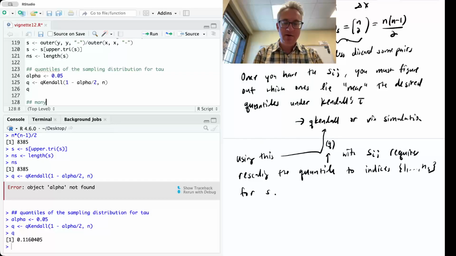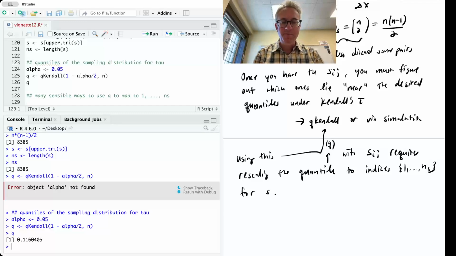There are so many sensible ways to use Q to map to 1 to ns. So here's what I'm going to do. I want a small index and a large index, or a right and a left index.